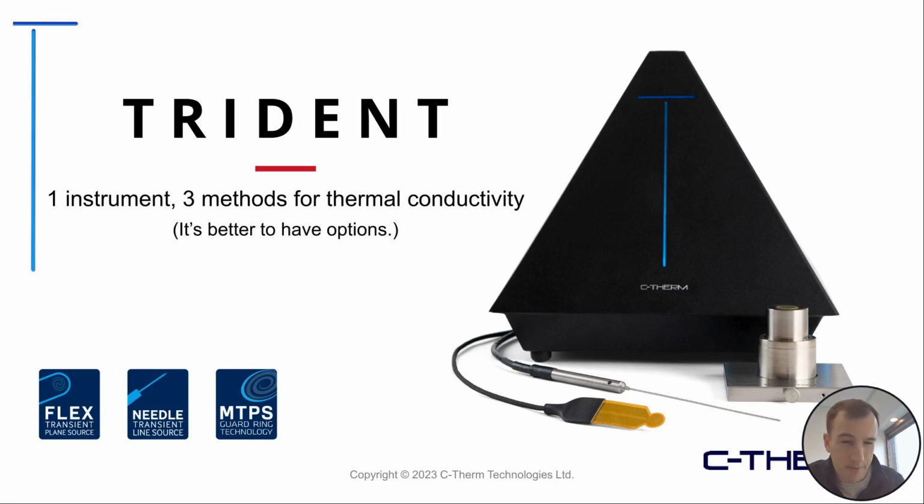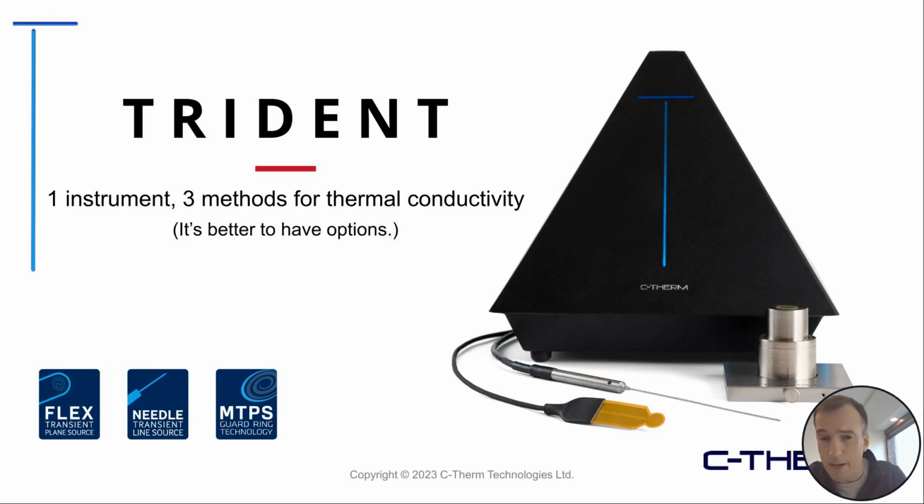There's different size diameter sensors available for the Flex range of sensors. So really giving you more influence over the measurement and its regression. Conversely, if we compare it to MTPS, MTPS is really point and click, very simple to operate. So when you look at that capability all in one instrument, this is where Trident really shines.